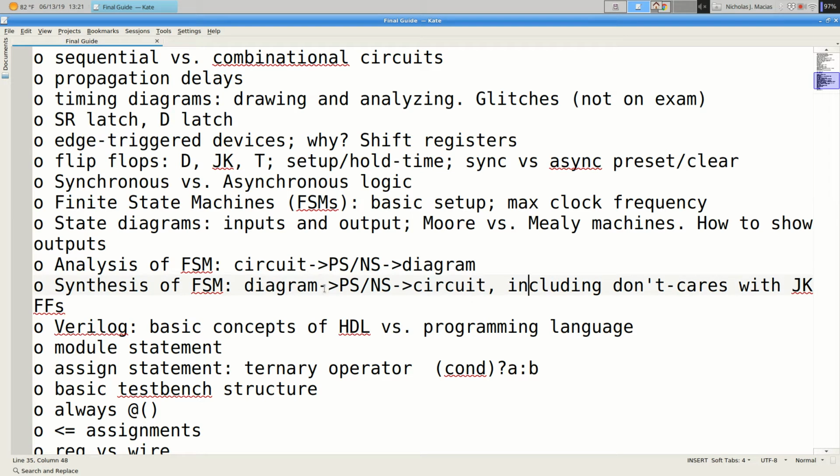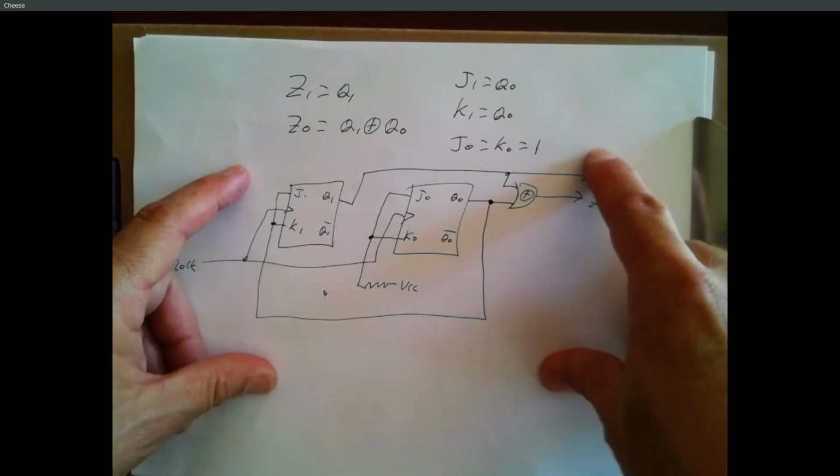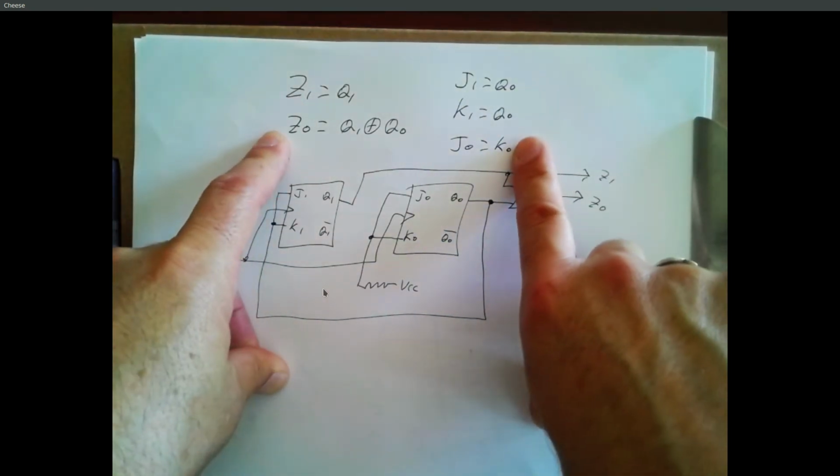All right, and we talked about how to do synthesis, and analysis is just the other direction, the easier direction actually, right? If you start with a state machine, you write equations for the inputs to the flip-flops, you take your states and, where's my sample state machine? There's our sample state machine. So you start with this, you can write equations, right?